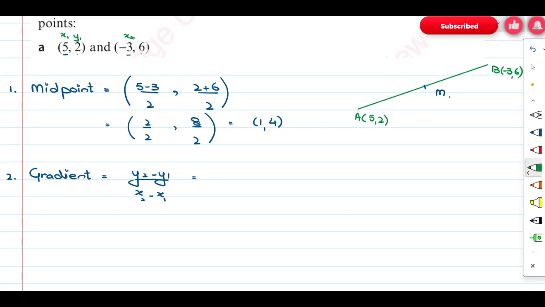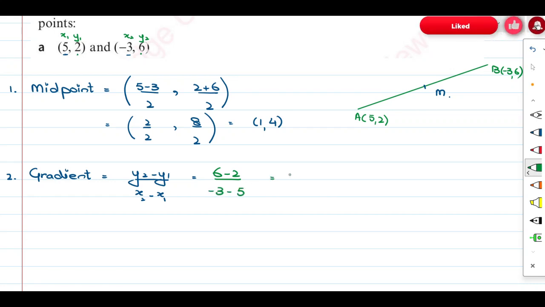The second point is my x2 and y2. Now y2 minus y1: y2 is 6 and y1 is 2, so 6 minus 2. x2 minus x1: minus 3 minus 5.